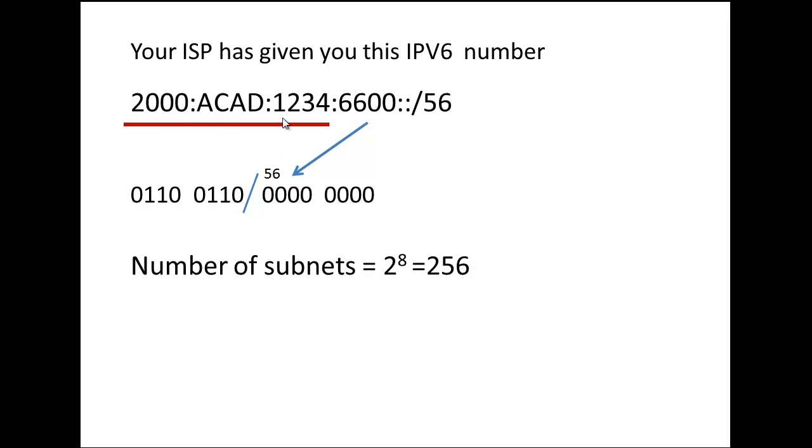So if this part is 48, we can start counting. 48 is the network part. 49, 50, 51, 52, 53, 54, 55, 56. And that's how you got 56 here. So the number of subnets then would be 2 to the power of 8, which would give us 256.